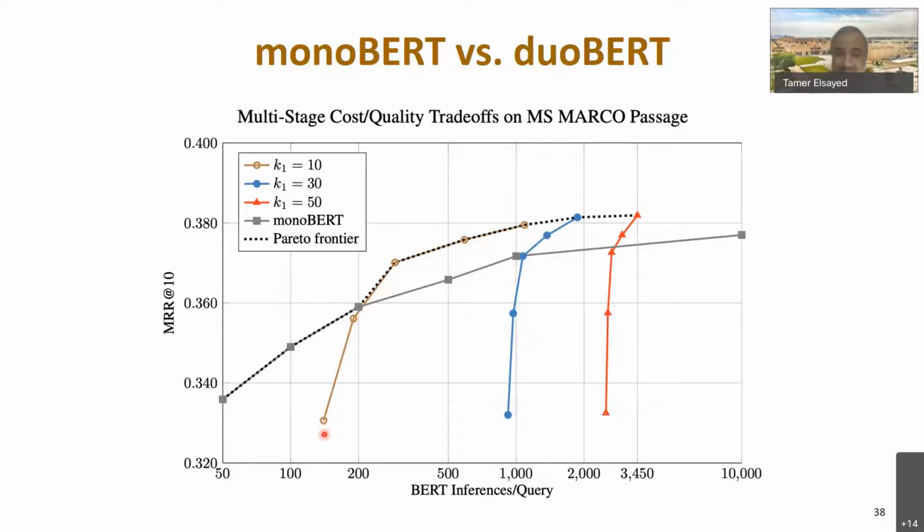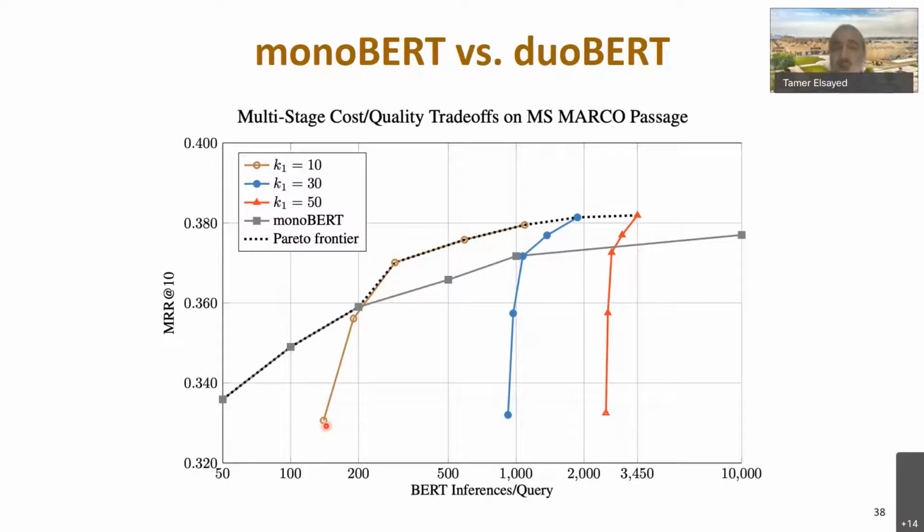So let me explain this for the first two points. This point, because it's on the brown curve, means that K1 is 10. And because it's the first point, it means that K0 is 50.